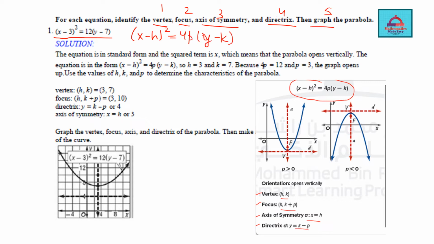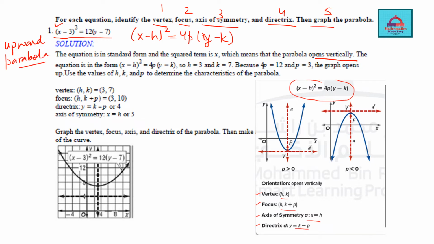So the square is with the x term. So if such an equation is there, then the parabola opens vertically. It's a vertical parabola, upward or downward, two options. Now the coefficient here is positive, so it will be an upward parabola. So even before you do the graph, you know the shape of the graph.